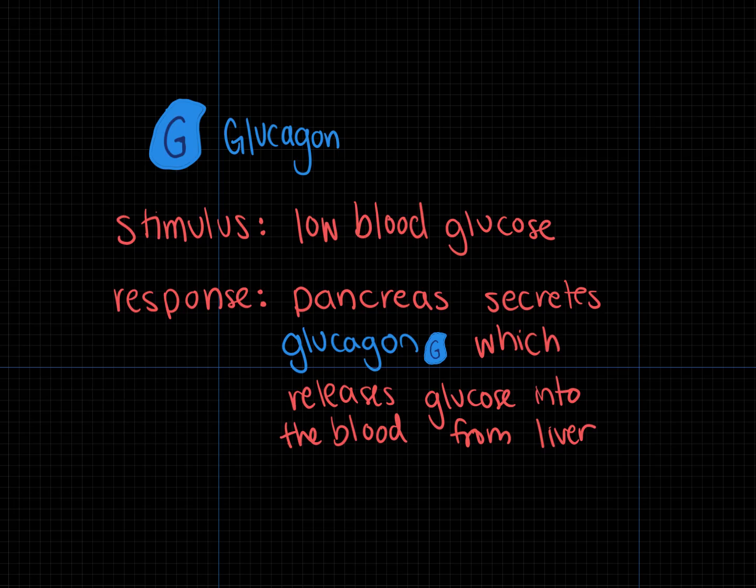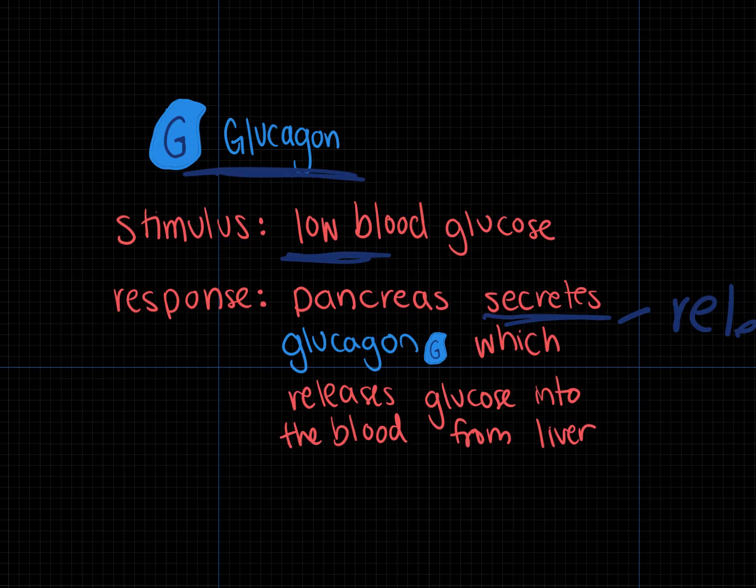So back to glucagon, like we were talking about before, this is the other hormone that's related in glucose regulation, and this occurs when glucose is too low. So when blood glucose is too low in our body, the pancreas secretes glucagon. Secretes, that is another word for release.